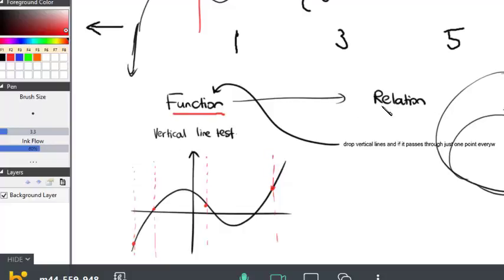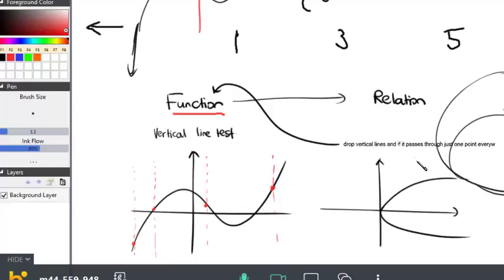But a relation is something, of course every function is a relation, but something that is not a function, I'll show you. Let's take a look at this one. Maybe you've seen something like this. Let's drop a vertical line through it, and it's going through this and this, right? So this is not a function. It's just a relation.